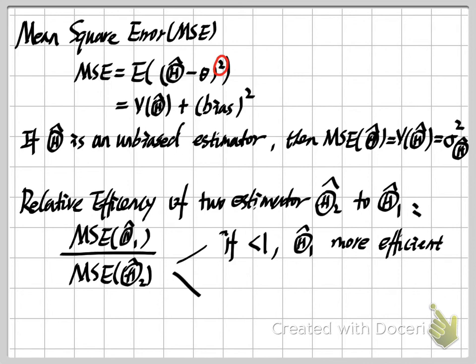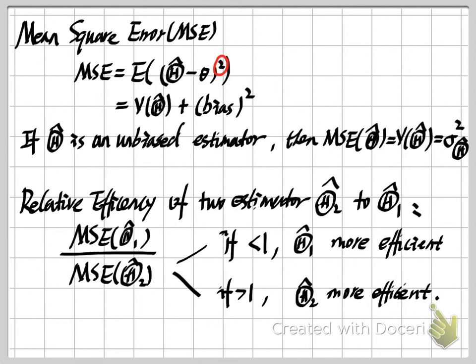Conversely, if this value is greater than 1, the numerator is larger, in other words the denominator is smaller, so the mean square error of the second estimator is smaller. That one is better, and we call the second estimator more efficient.